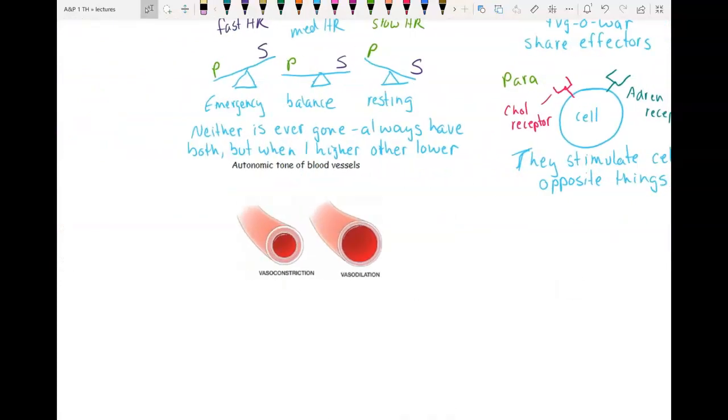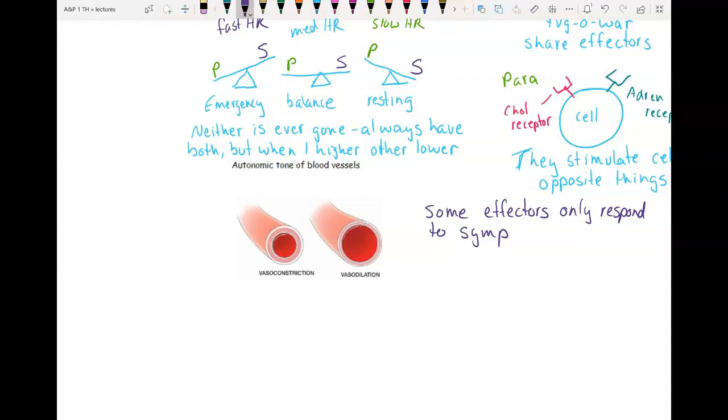There are also effectors that only respond to one division and not the other. An example is your blood vessels. So blood vessels are sympathetic only. Blood vessels can constrict or dilate depending on how much sympathetic.